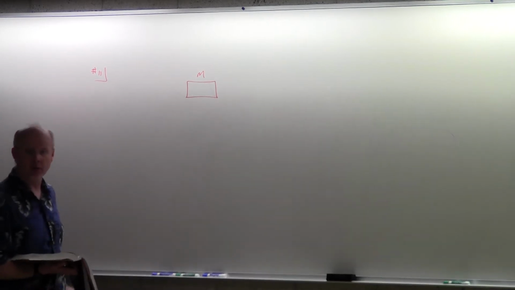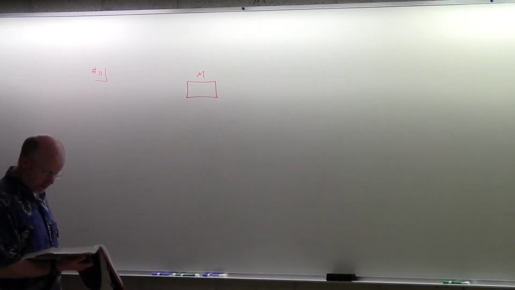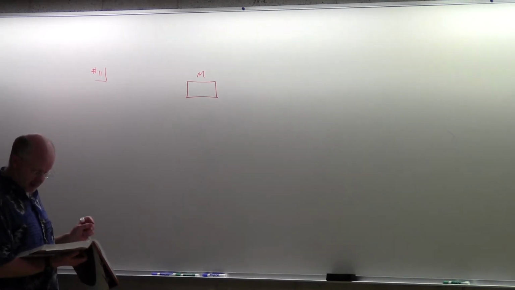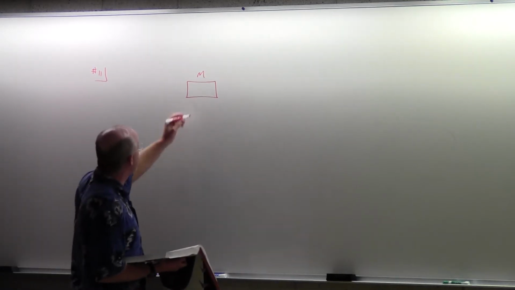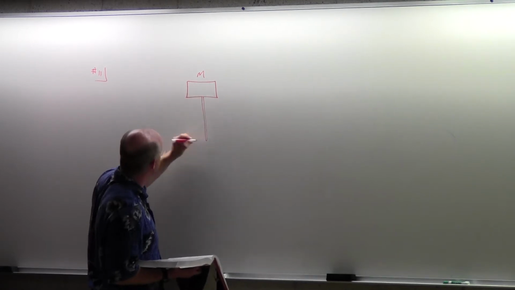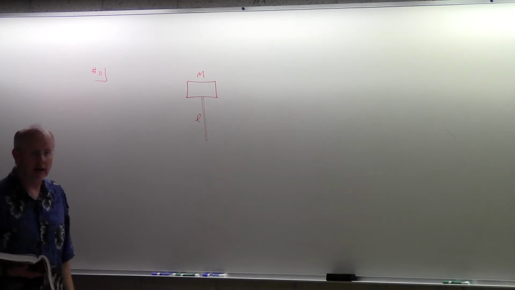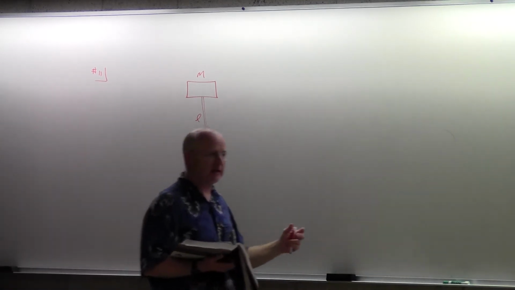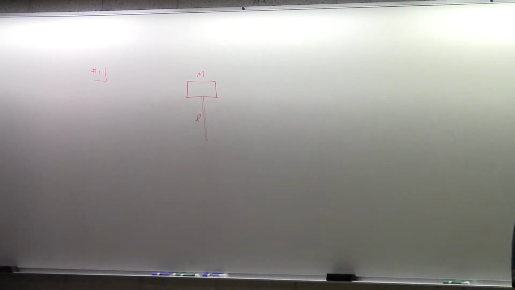So it's an aerial view, a top view looking down here. Frictionless horizontal surface, and it's attached to a rigid rod of length little l. So it's got some kind of rod here of length little l, and rigid meaning it can't stretch or compress. It's always going to keep that same length.